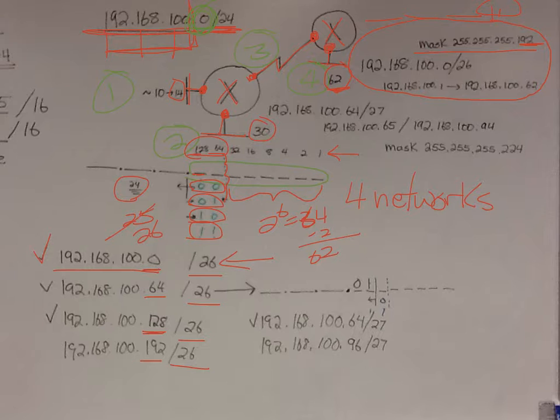Okay? And then we figured out the addresses. Can't use 0, because that's the network. We can't use all 1s. That would be 63 here at the end. So we go from 1 to 62. And then you'll notice the next jump over here, 64.